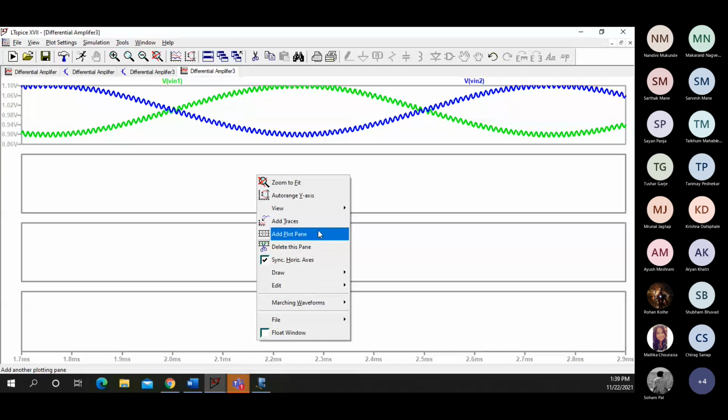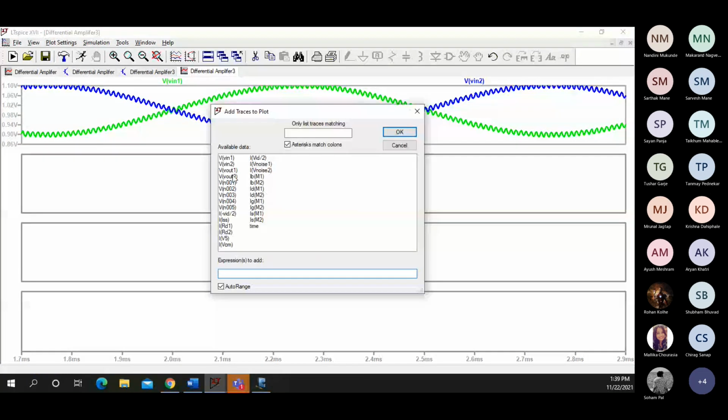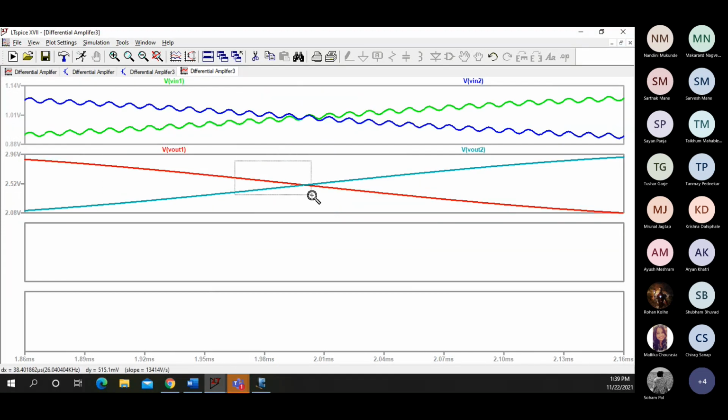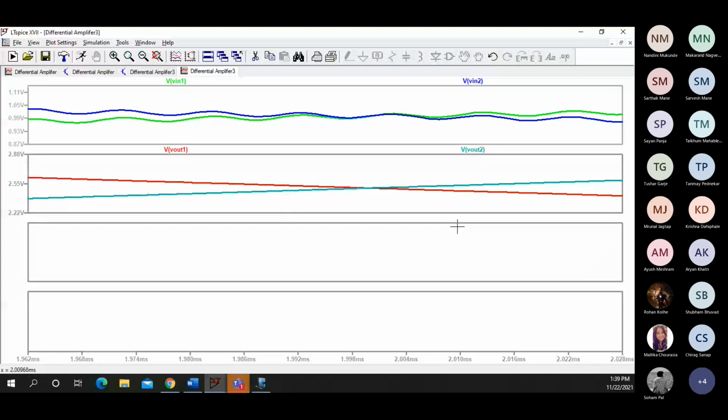Then you can add V out 1 and V out 2 as well. You can see that V out 1 and V out 2 will also have some kind of noise.